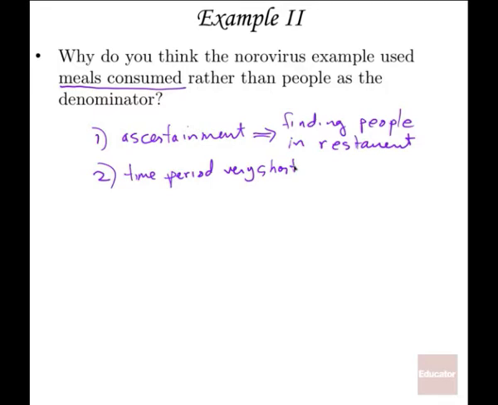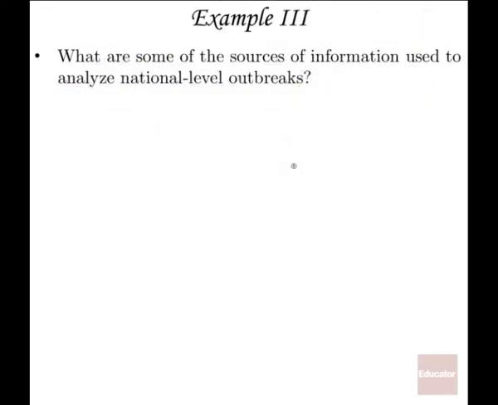So the last example: what are some of the sources of information used to analyze national level outbreaks? Well, I tell you, this is fascinating. A couple of years ago, I went to a national epidemiology meeting, and I sat in on a Food Outbreak Investigation session, and it was fascinating because they had people there from the health department, but they also had representatives from some of these markets.